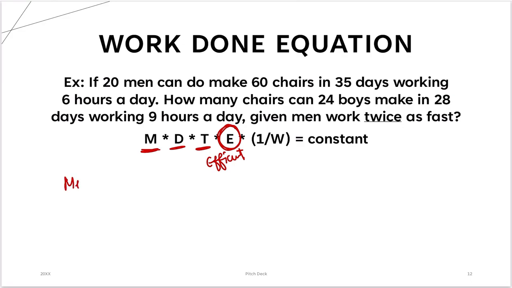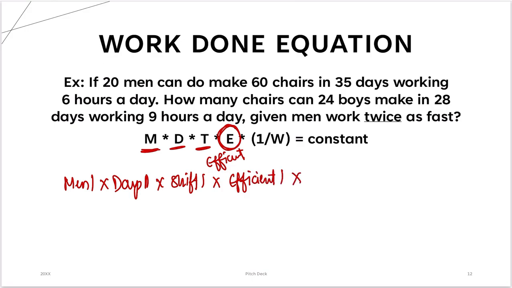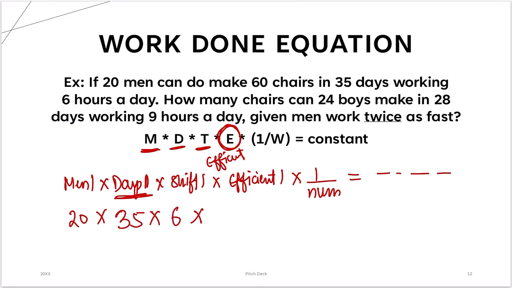So men 1 into days they will take into shift 1 into efficiency into 1 by number of items is equal to men 2 into days 2 into shift 2. Men 1 in the first case is 20, days 1, the days they are taking, is 35, shift size is 6 hours, efficiency.